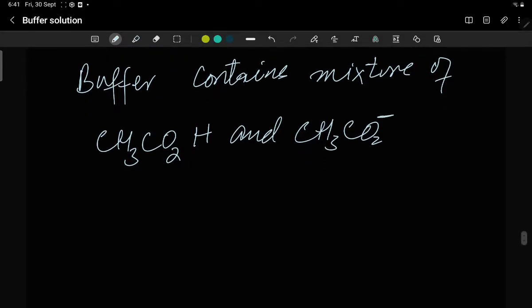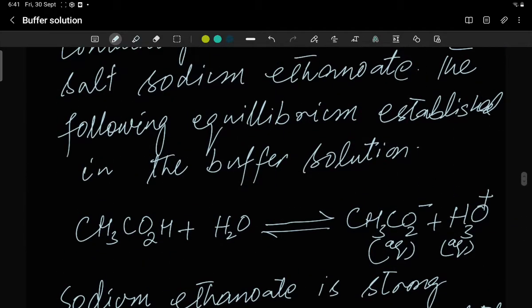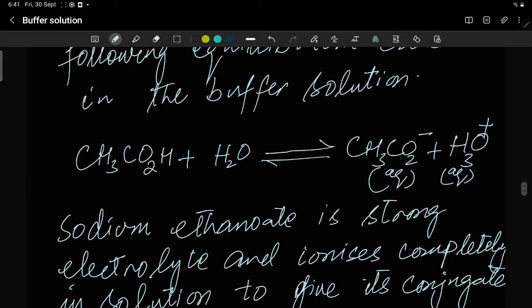So the high concentration of ethanoate ion in the solution suppresses the ionization of ethanoic acid. Hence, practically all of the ethanoic acid exists as undissociated molecule because it is a weak acid, hardly ionized in water.